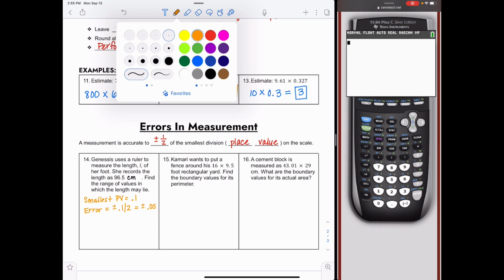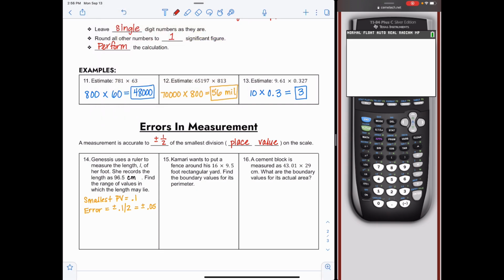Okay, so because we can do that, it's easy for us to say our answer. So we already know that the length currently, as she has measured, is 96.5 centimeters. So I can go below or subtract 0.05 centimeters, or I can add 0.05 centimeters.